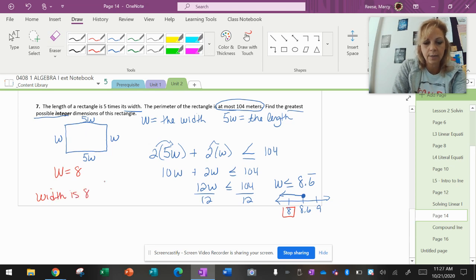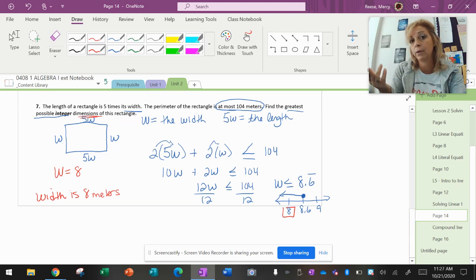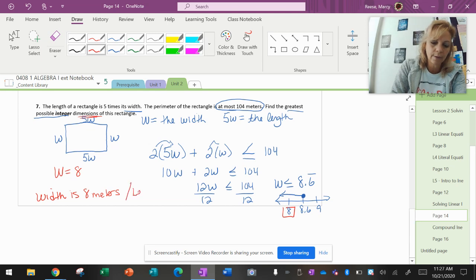Because when they ask for dimensions, they want the width and they want the length. They want the dimensions of the whole thing. So you got to also tell me the length. And then the length, remember the length is 5 times that. So you would come up here and do 5 times 8.